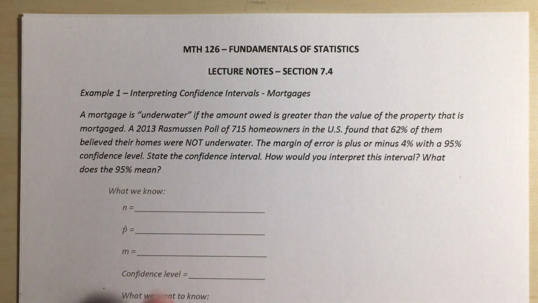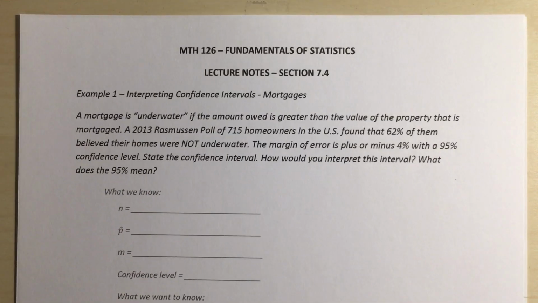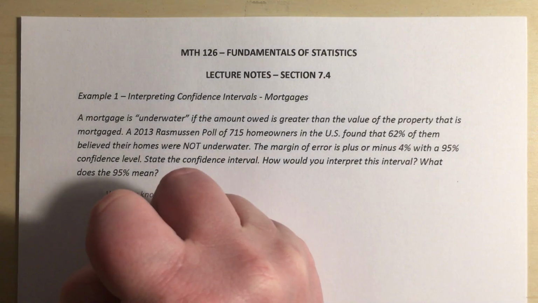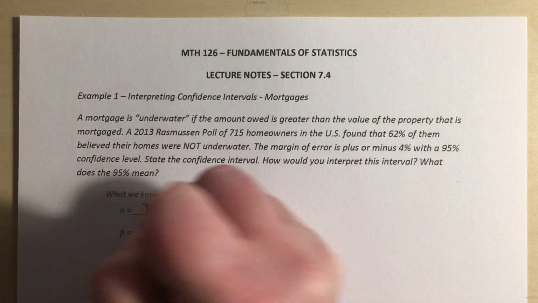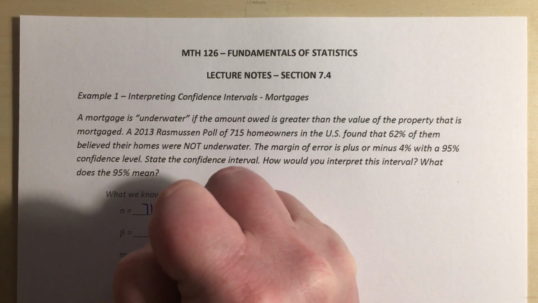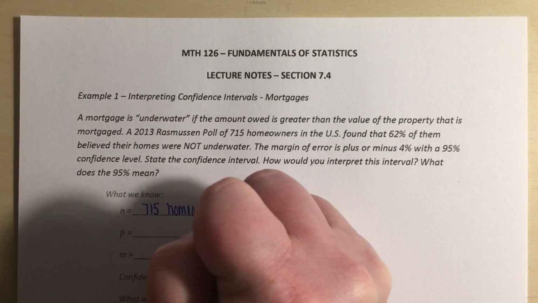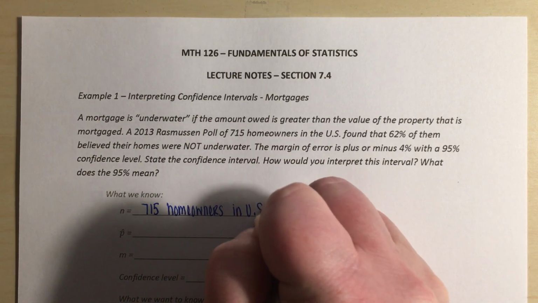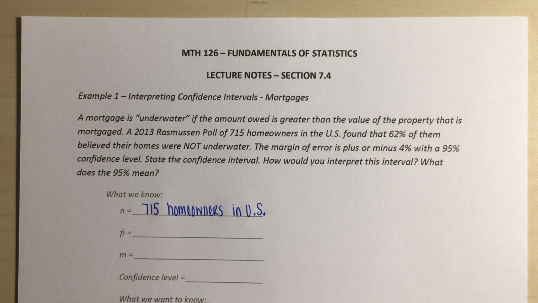All right, so we're going to start by making a list of what we know. Our n is our sample size. Remember, lowercase n is our sample size. So our sample size is 715 homeowners in the United States. P hat, so it's not just P, it's P hat, is our sample proportion.